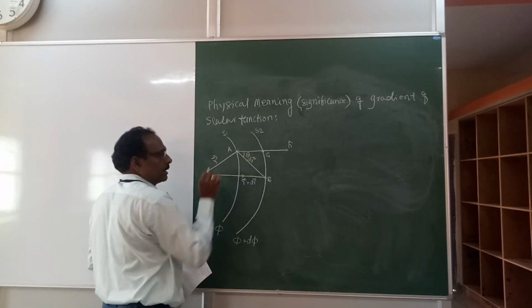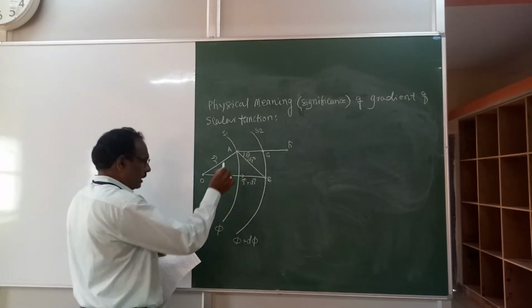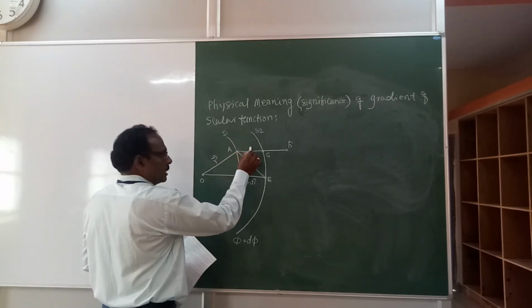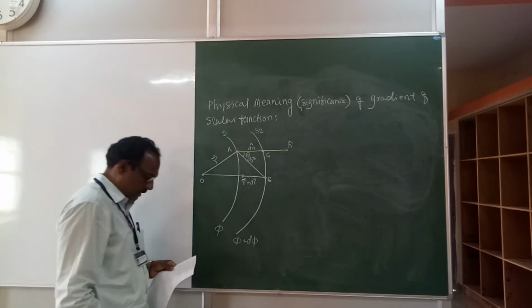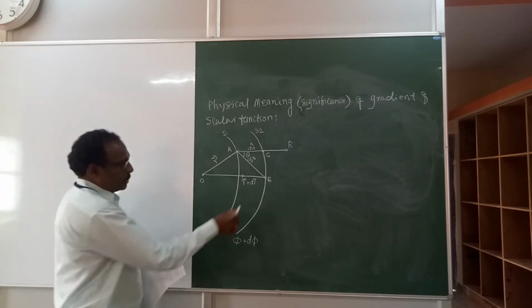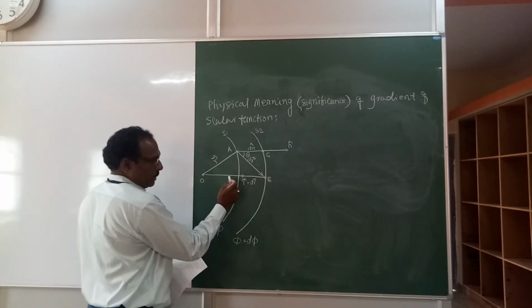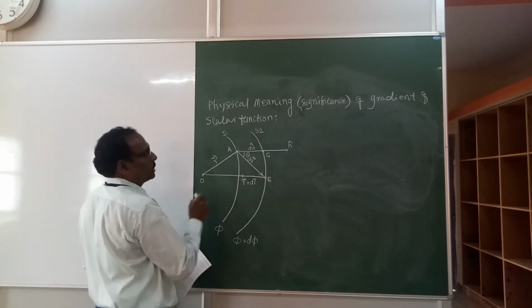This is dn, and it is n here. This is vector dr, this is r plus dr, this is the origin.